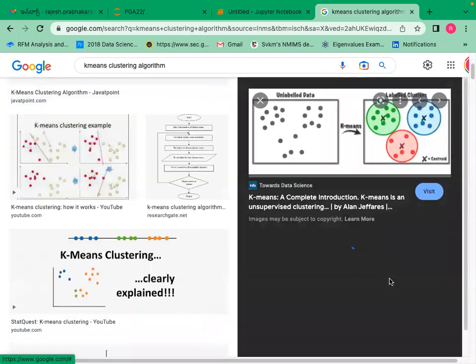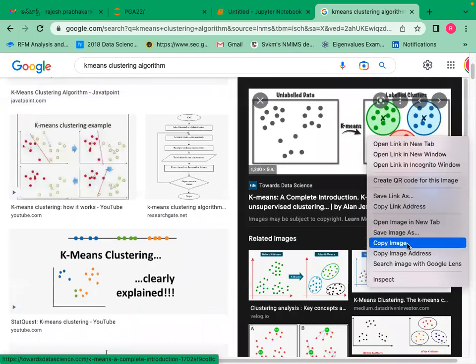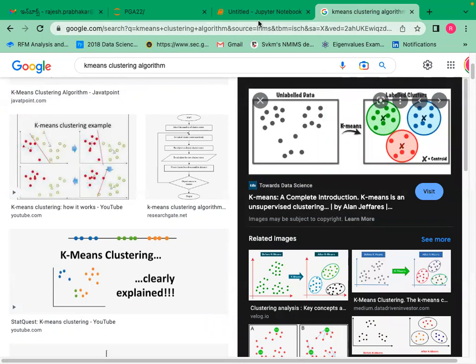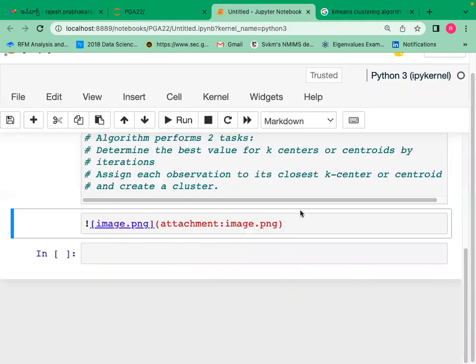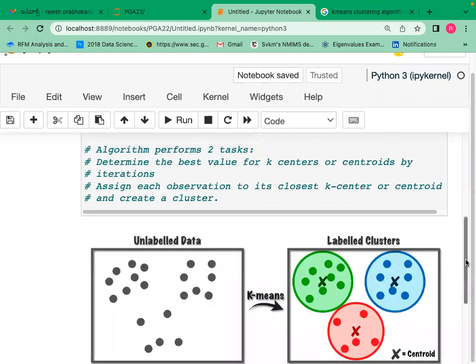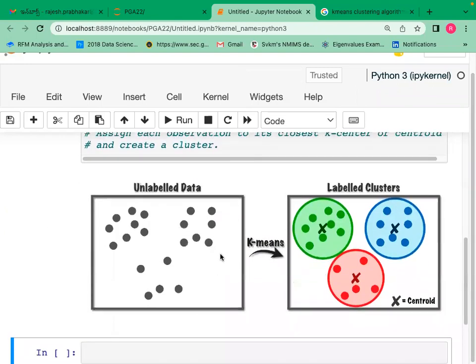I think this would be better. So first it will find a centroid for each group, and then based on the distance from the centroid, the observations will be categorized. And this is called a cluster. This is your unlabeled data.